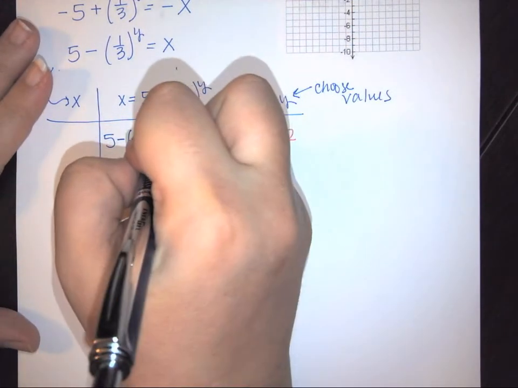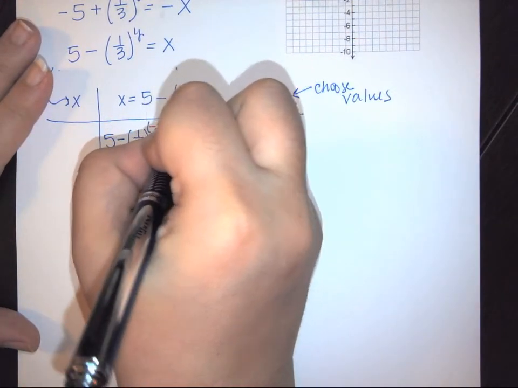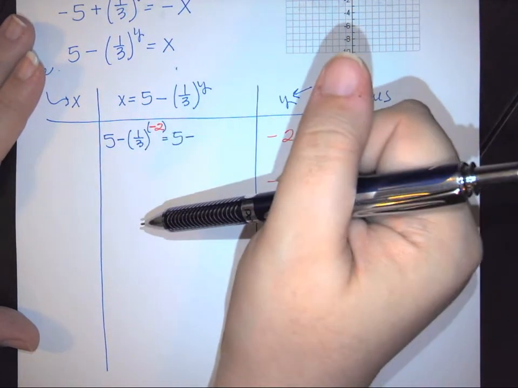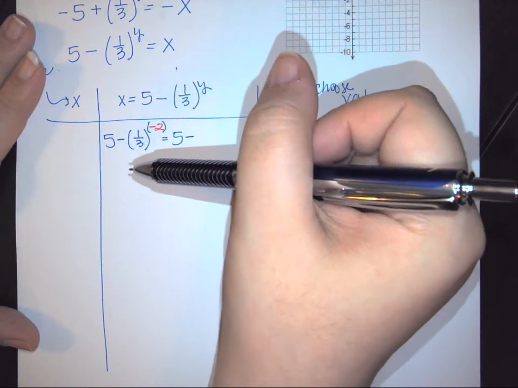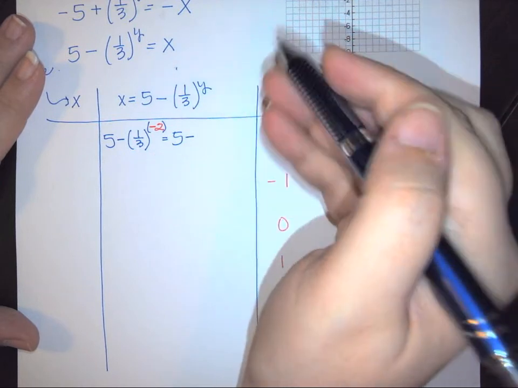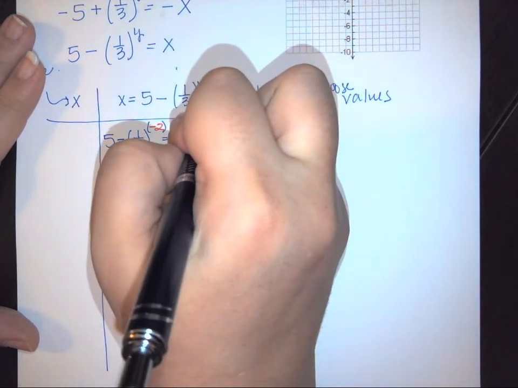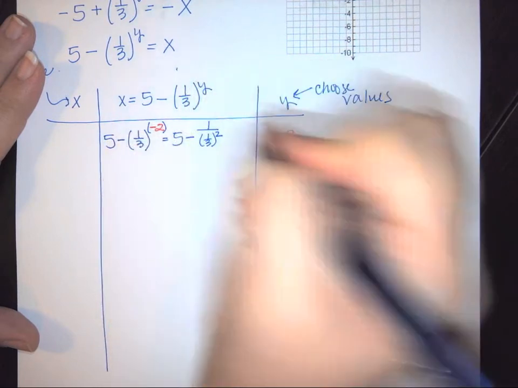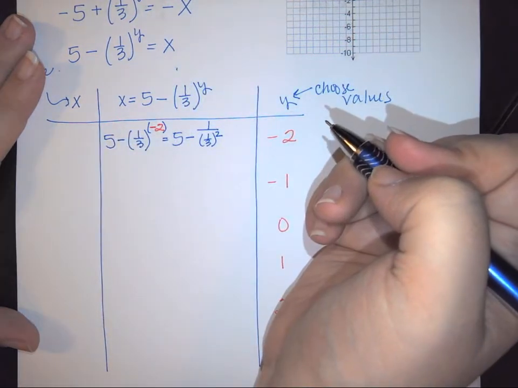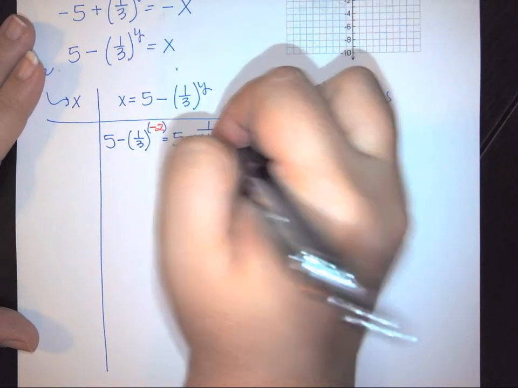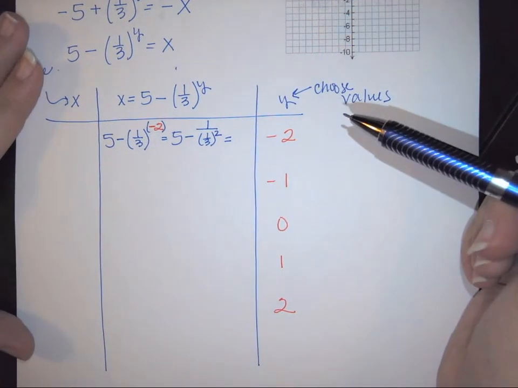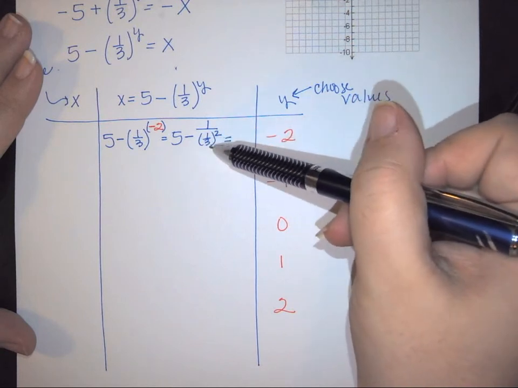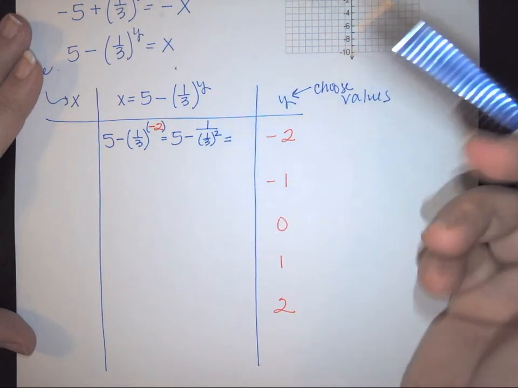And so here, this is going to be the same as 5 minus, -2 says this becomes 1 over 1/3 squared. So this is 1 over my 1/3 squared. And at this point, if you wanted to use your calculator, you could. The other thing that you could recognize is that this is going to be the same as 1 over 1/9.